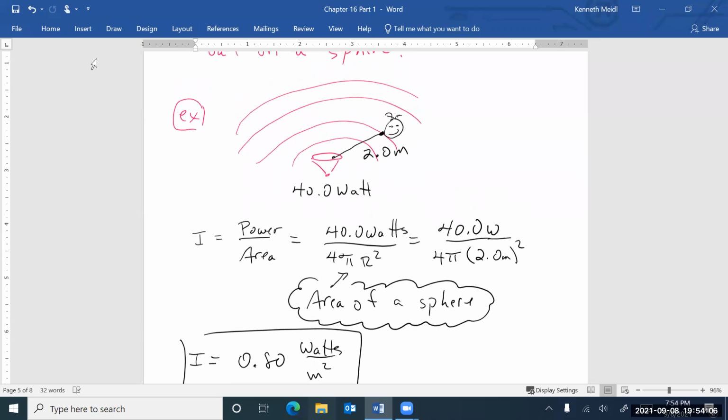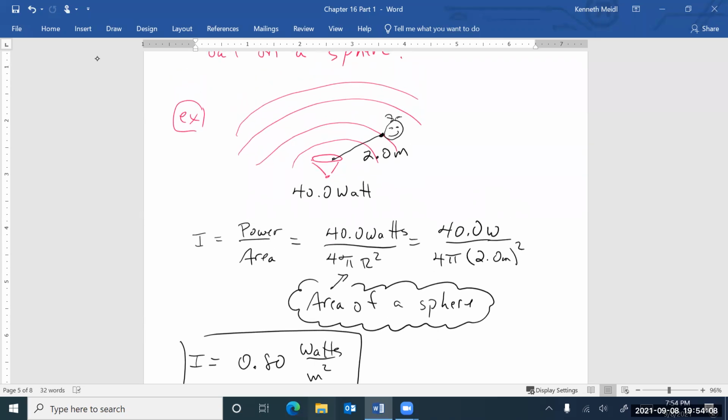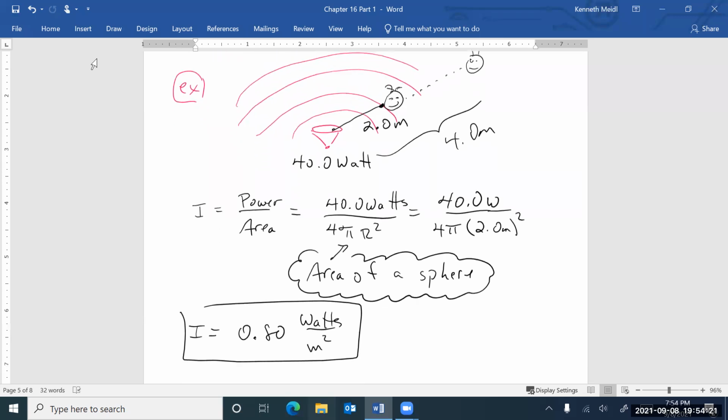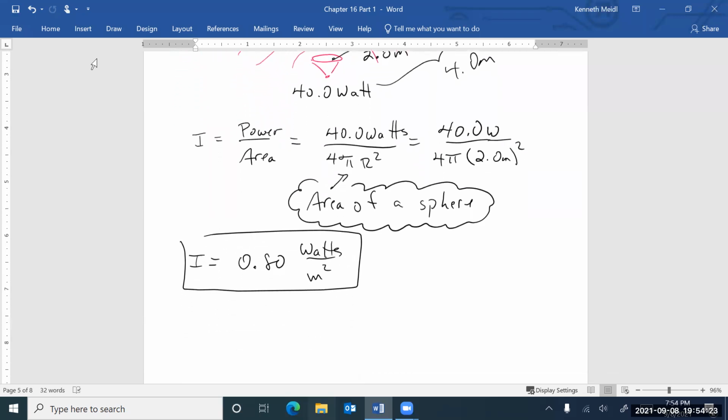Now, what if you say that's too close, and you move away from the speaker? Let's say you're now 4 meters away. What happens to the intensity of the sound wave then? Now you have 40 watts spread out over a much larger sphere.